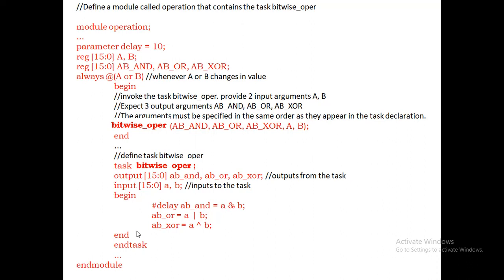After a delay of 10, the task performs AB_and equals A and B, AB_or equals A or B, and AB_xor equals A xor B. These three operations it carries out and returns AB_and, AB_or and AB_xor, and the inputs are A and B.